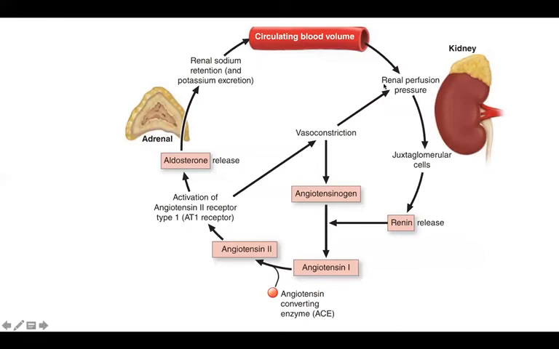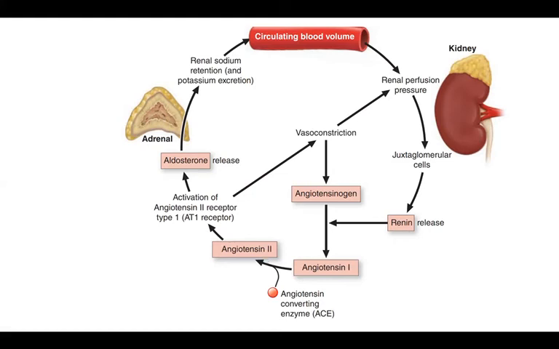So whenever you find that the renal perfusion is compromised or the renal perfusion pressure is decreased, there is release of renin. And this renin coming from juxtaglomerular cells acts on angiotensinogen to cause conversion to angiotensin 1. Now this angiotensin 1 by the action of ACE is converted into angiotensin 2.